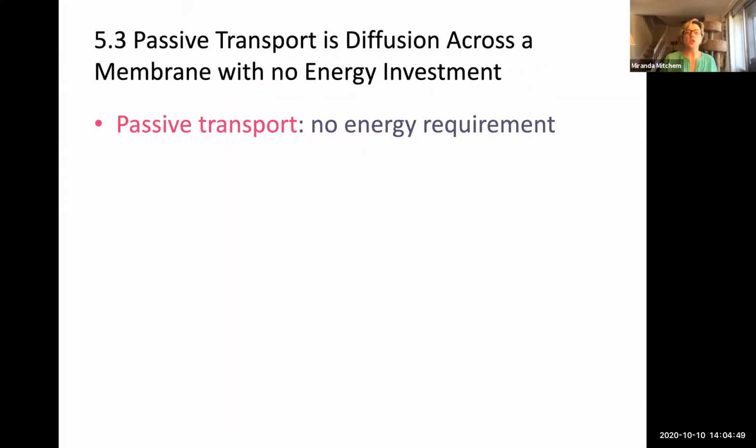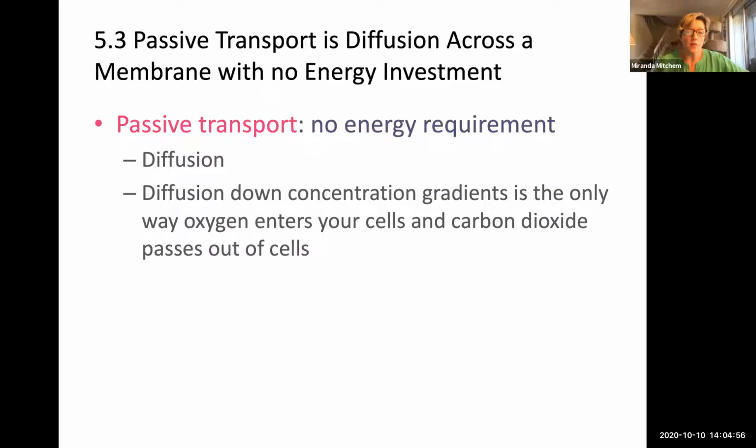Okay, so diffusion again does not require energy, which is why it's a passive process. We have simple diffusion as well as facilitated diffusion, but both follow the gradient. The respiratory gases, oxygen and carbon dioxide, this is the only way that they move through our cell membranes.